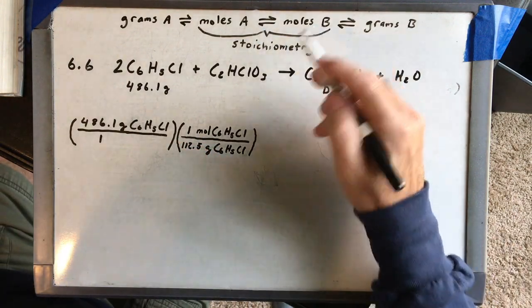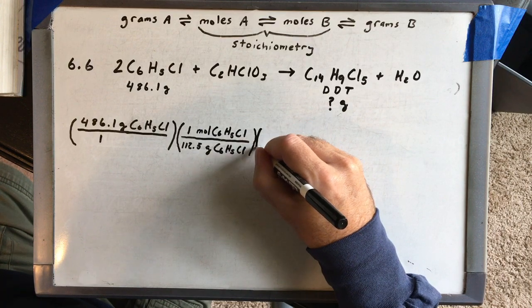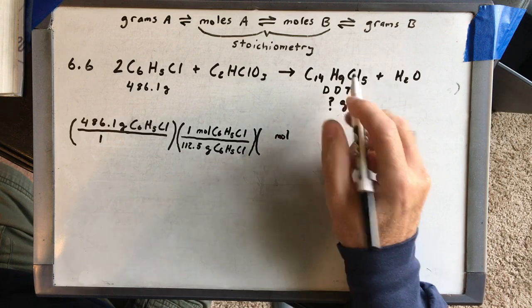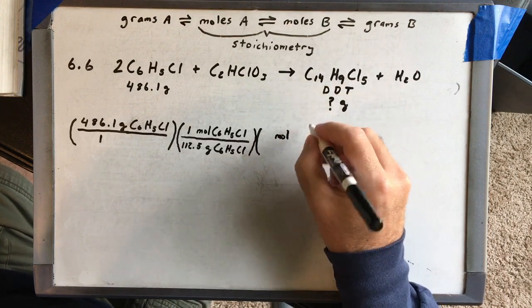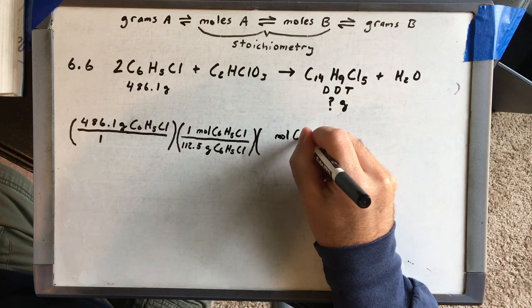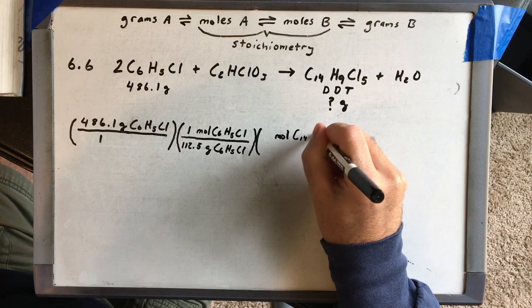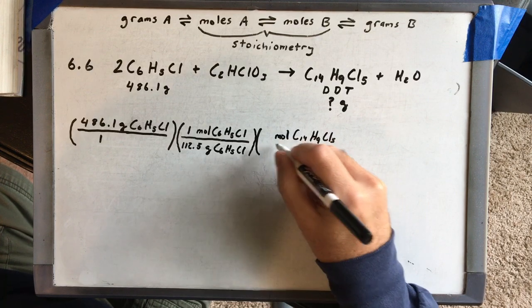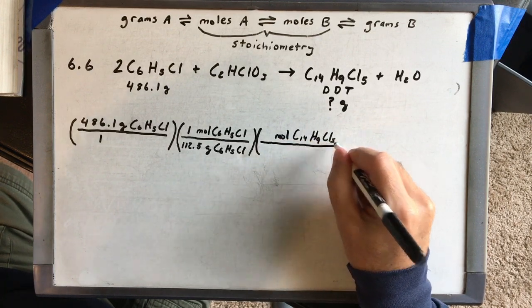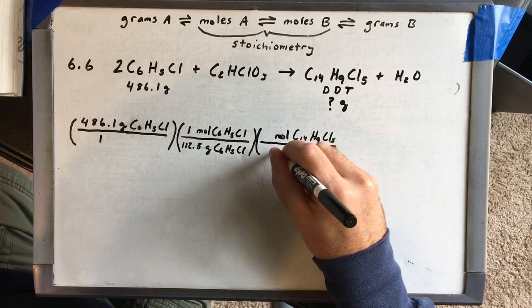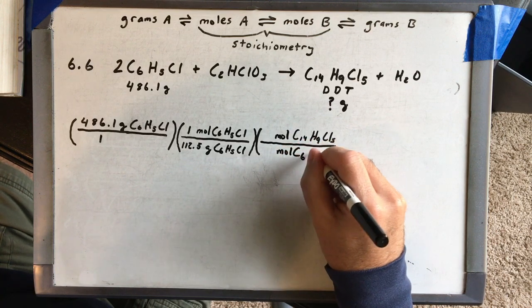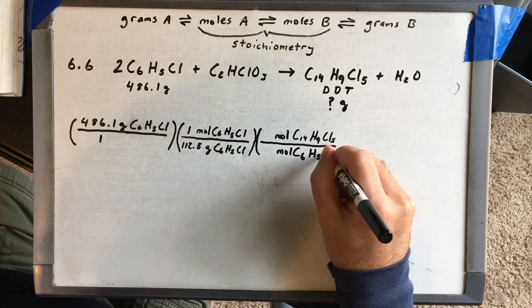Now we can go to moles of substance B, and that is the stoichiometry. So I've got moles of this compound, C14H9Cl5. I can get rid of moles, just go up and to the left, moles of C6H5Cl.